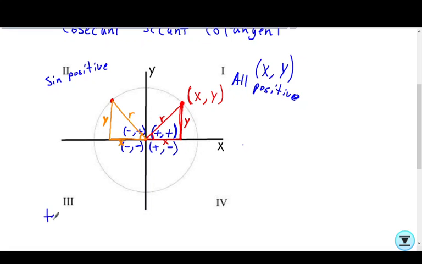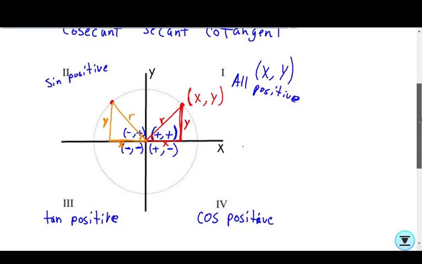In the third quadrant, tangent is positive, because sine and cosine will be negative since x and y are negative, but y over x, negative by negative, is positive. And in the fourth quadrant, cosine is positive. Knowing which trig function is positive or negative in which quadrant is going to be really, really important.